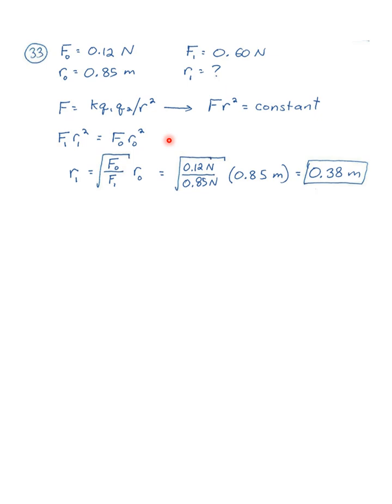And then we'll solve for R1, go through the algebra, and you get R1 equals the square root of F0 over F1 times R0. Then we plug in the values, we get 0.38 meters, and we check, are they actually closer than they started out? And yes, they started out at 0.85 meters, and now they're just 0.38 meters.